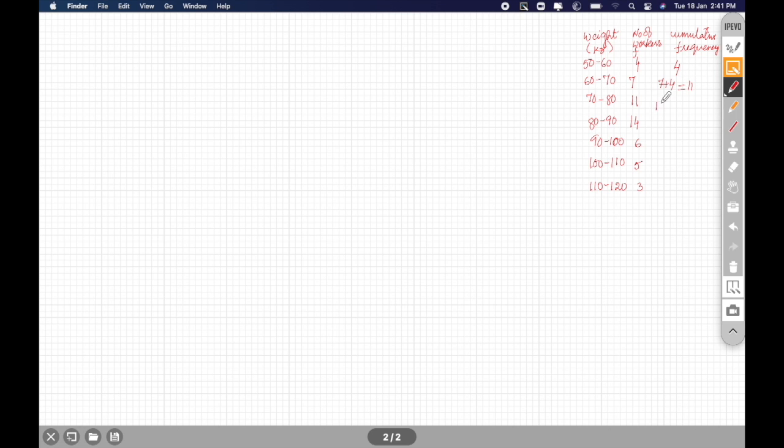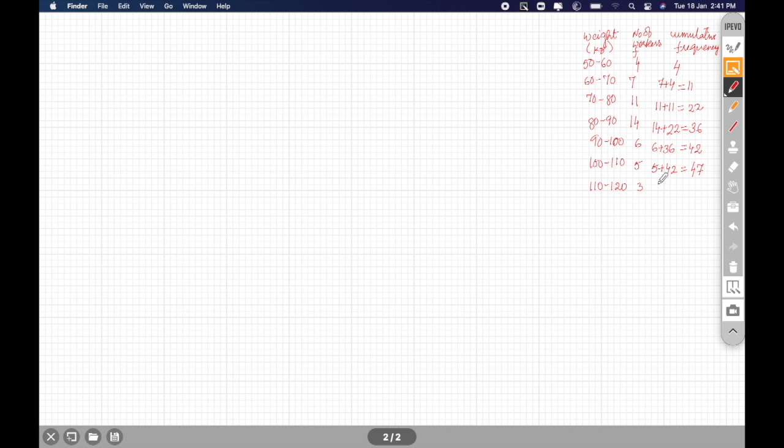Next 11 plus 11 gives us 22. Then 14 plus 22 gives us 36. Then 6 plus 36 gives us 42. Then 5 plus 42 gives us 47.